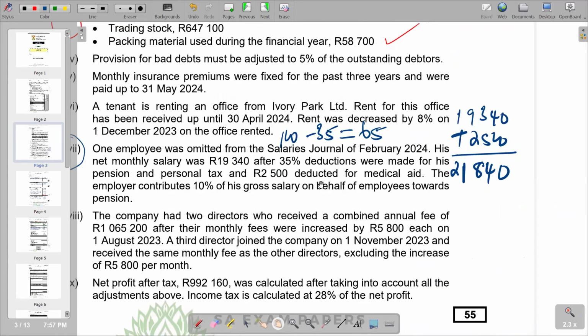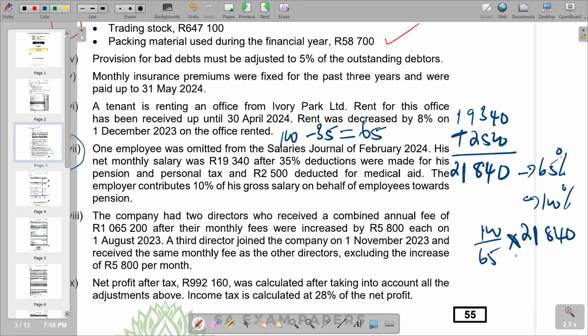So to get the gross now, the gross is going to be the 100%. It means now this one is 65%, but the one that we need is 100%. So it's just proportionate calculation whereby we say 100 over 65 times 21,840.